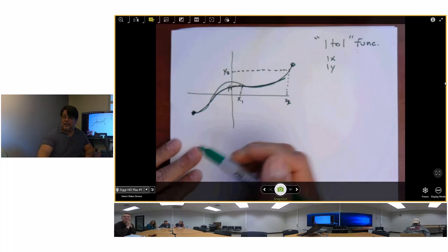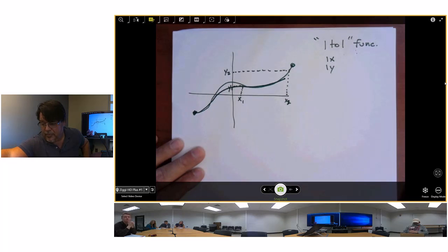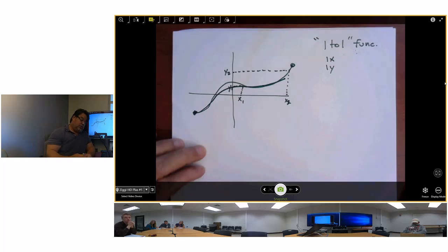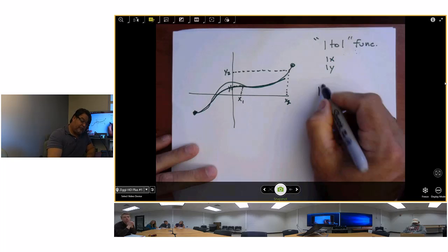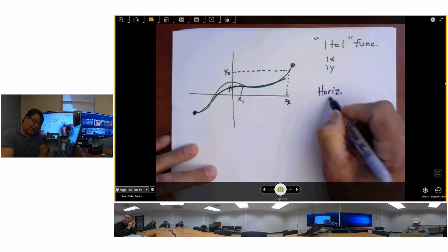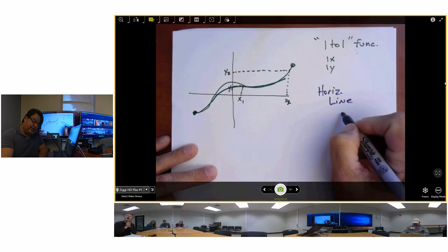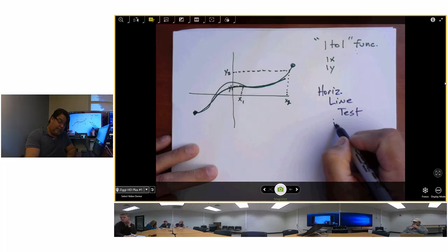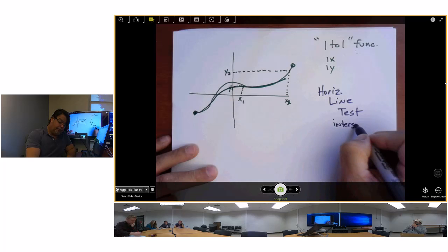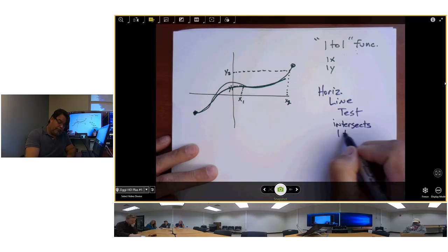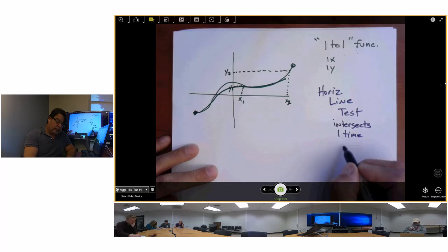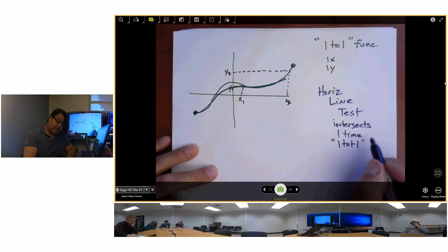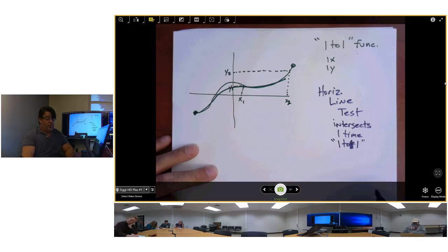All right. And how do you know that? You basically draw a horizontal line test. The horizontal line test will tell you if you have a one-to-one function. If it intersects one time, then it is a one-to-one. And that's all you need to know. If it crosses more than one time, then it is not a one-to-one function.